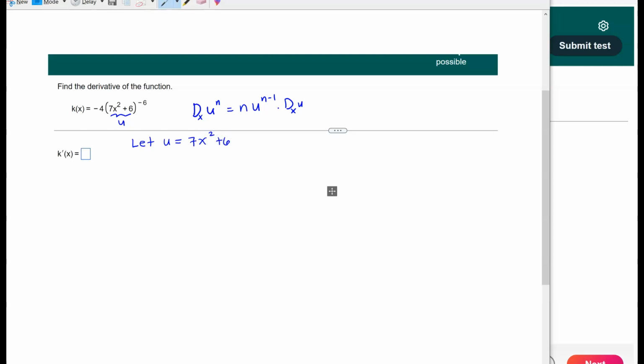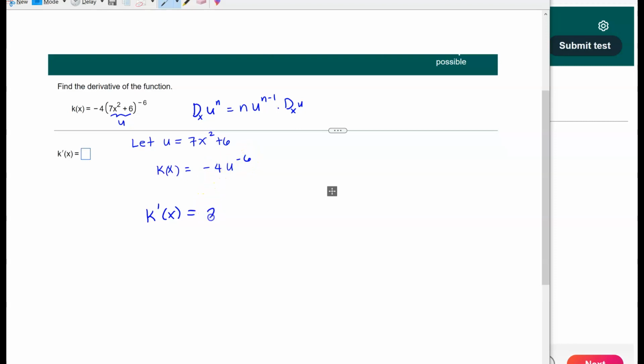So if that is your u, then your expression will be of the form negative 4 u to the negative 6. Then you'd be able to apply the formula here. Okay, so now let's find the derivative. To find the derivative, you follow this pattern here. So you will multiply negative 6 to negative 4.